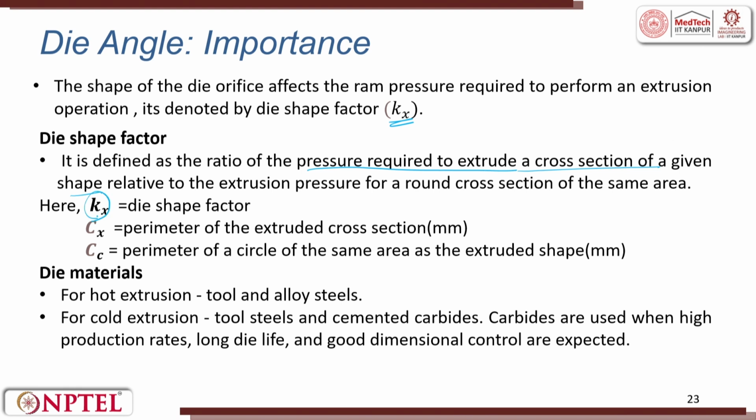So, Kx is nothing but Cx by Cc, the perimeter of the extruded cross section divided by the perimeter of the circle of the same area as the extruded shape. This is a very important factor called Kx. For the die material, in hot extrusion, tool and die and alloy steels are used, whereas in cold extrusion, tool steels and cemented carbide are used.